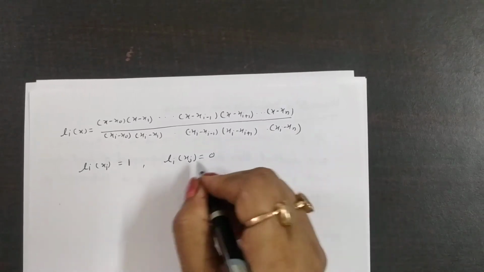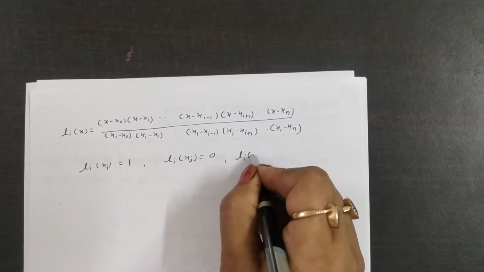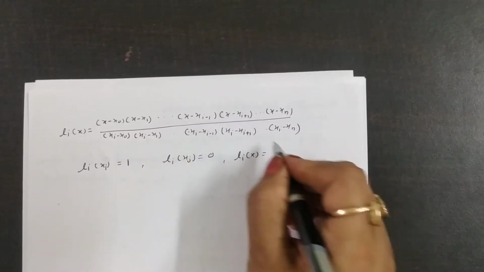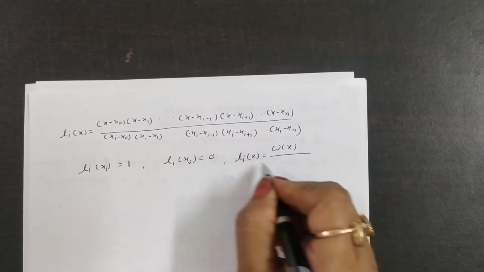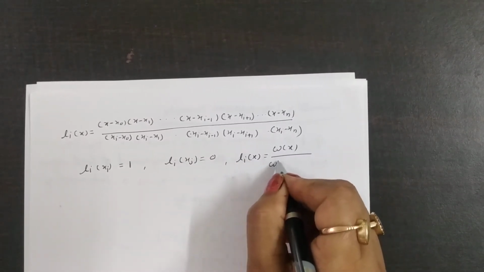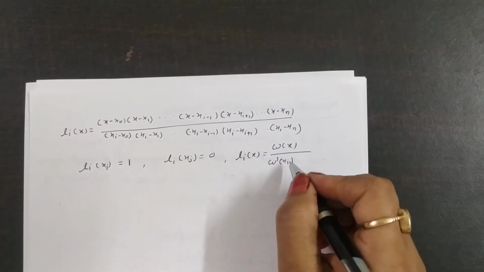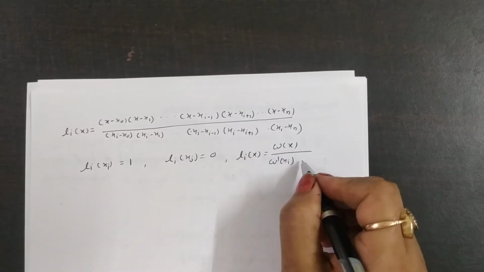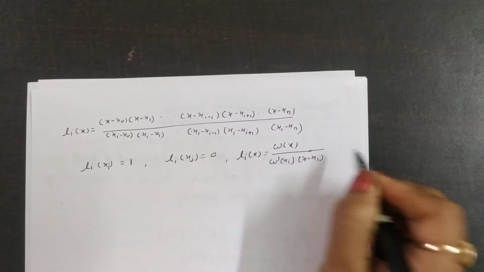In short form, we can write Li(x) in terms of omega(x) and the term at the point xi, that is, omega dash(xi). This is a short form of the Lagrange interpolation: omega(x) over (x minus xi) omega dash(xi).